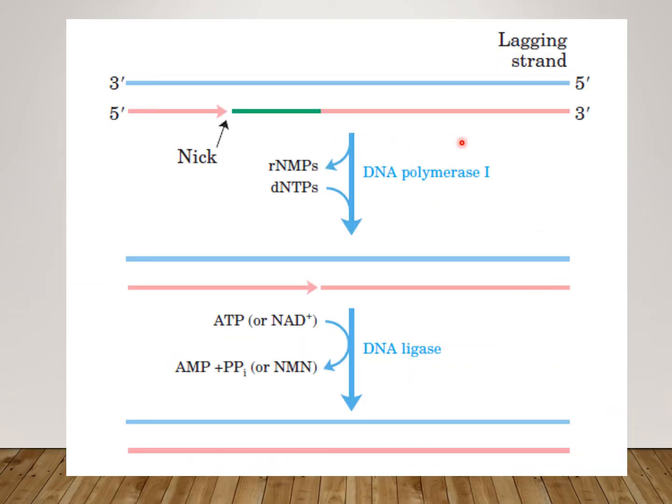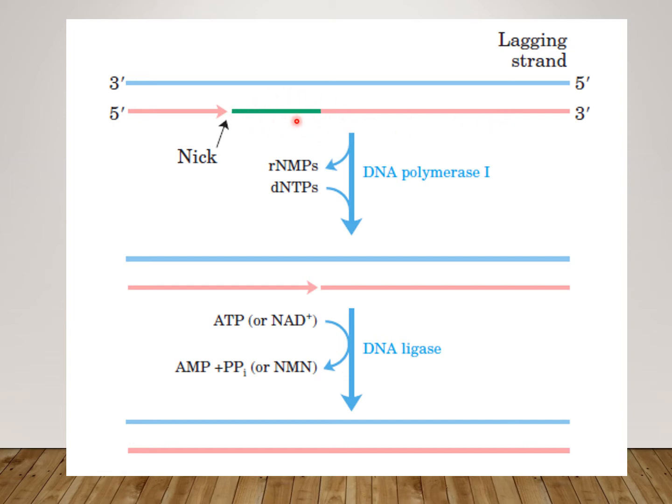Once the leading and lagging strands are synthesized completely, the primer, which is nothing but RNA, needs to be removed, because you all know RNA and DNA have different sugars. So the primer cannot be a part of the DNA.